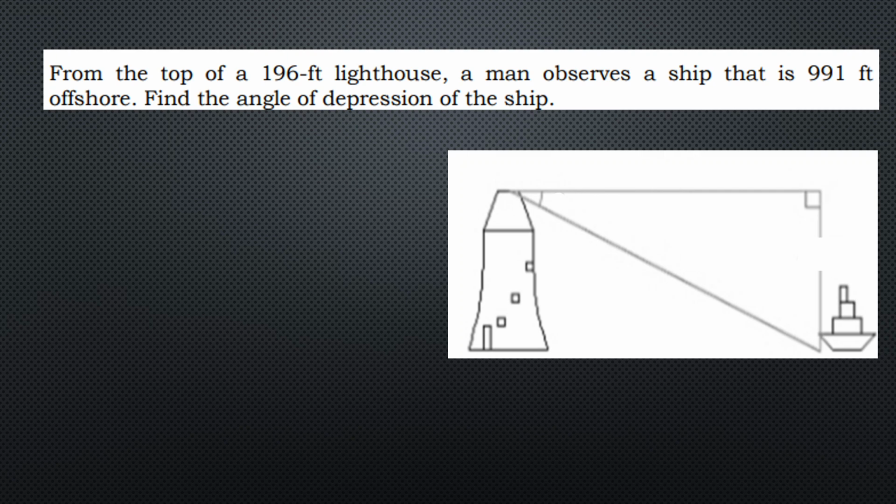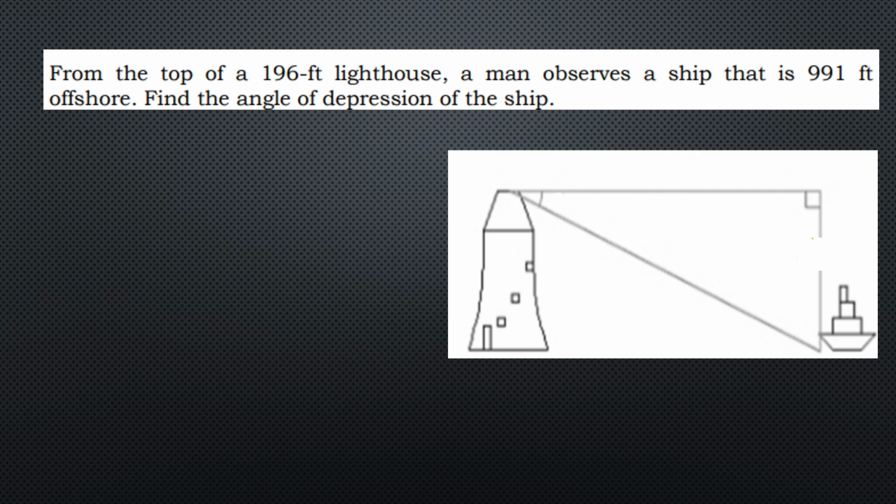So then we use our imagination and see which part of the triangle is given. So this is the tower. You have to label that as well. Now this part here, there is a label for that. That is the distance of the offshore to the ship.